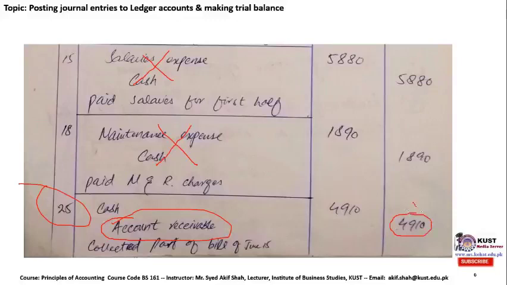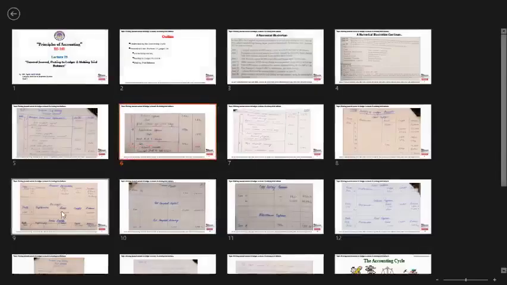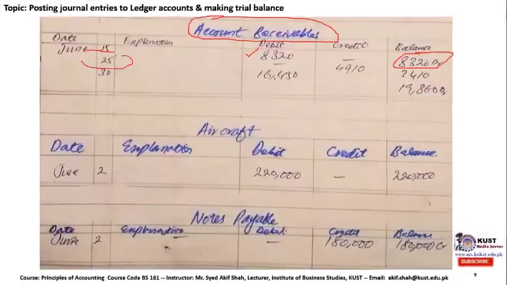So therefore we have to plug this amount in the credit column in the account receivables ledger. So here we have June 25. We got nothing in the debit section, but there was 4,910 in the credit column. This is a credit entry. The previous running balance was a debit entry. So therefore we have to subtract it and the remaining balance is written over here, which is 3,410.